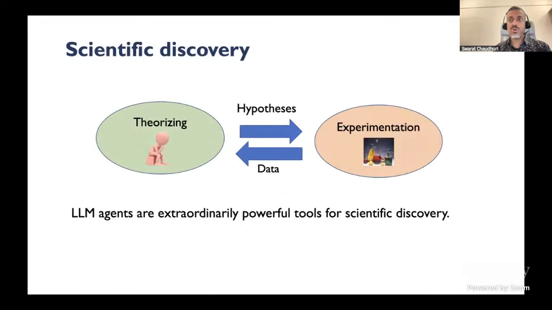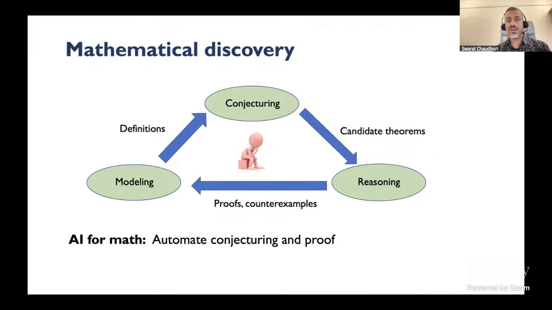But at the end, I am very optimistic that LLM agents, not just LLMs, but these kinds of agentic workflows where you have combinations of LLM queries as well as other kinds of machinery, can be extremely powerful in scientific discovery. They can help you come up with new scientific hypotheses and even do experiment design. And also, as we saw in mathematical discovery, they can be supremely powerful.